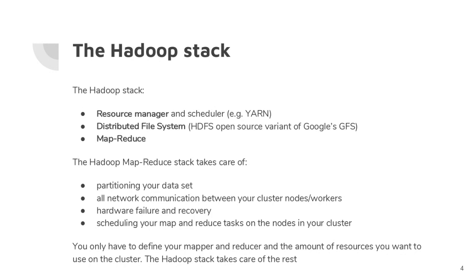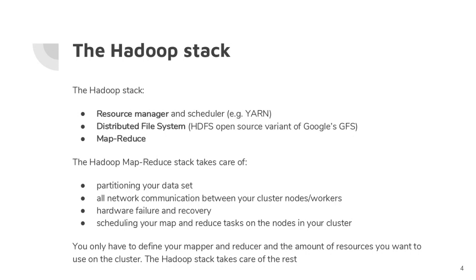Then you have the distributed file system. HDFS is the Hadoop file system, the open source variant of Google's original proposal. We talked about that before during the NoSQL lecture. And then we have MapReduce.